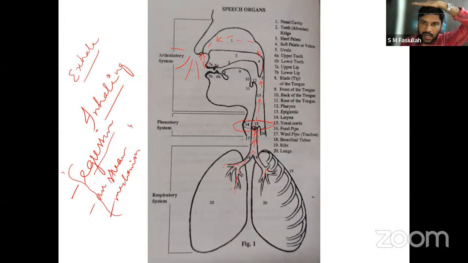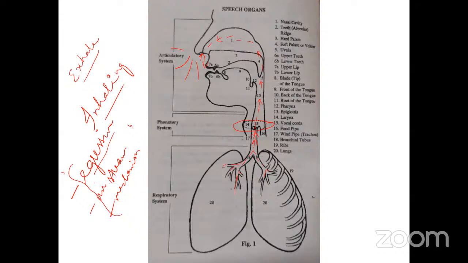Either put your palm on your head or keep a few fingers on your throat and then pronounce pa, ba. You will notice that while pronouncing pa, there is hardly any vibration. But if you pronounce ba, there is some kind of vibration that you can feel. Have you given a try?